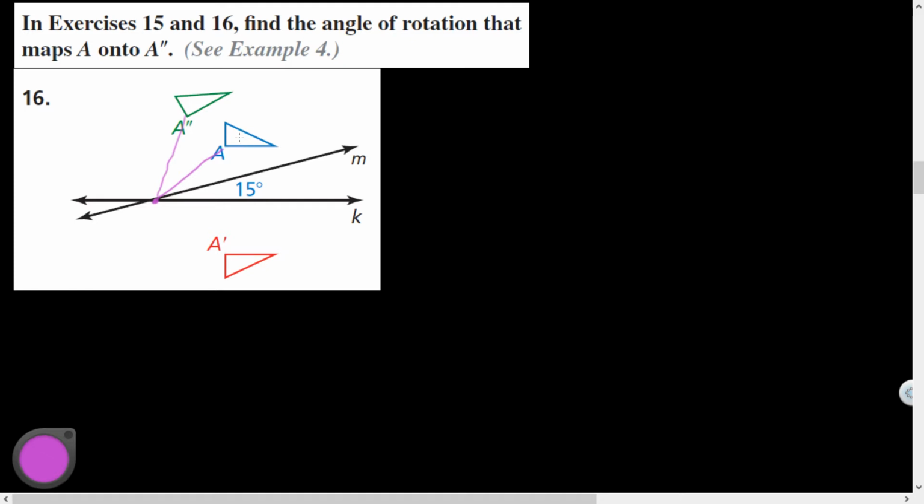So it got reflected from A to A prime over K. So the reflection happened over K first. You guys agree? And then it got reflected over M. Wow, that's weird. So what do you think this angle would measure?